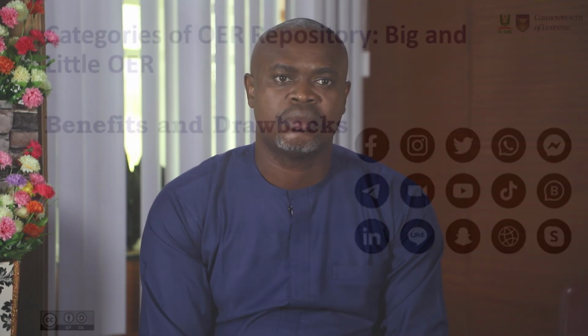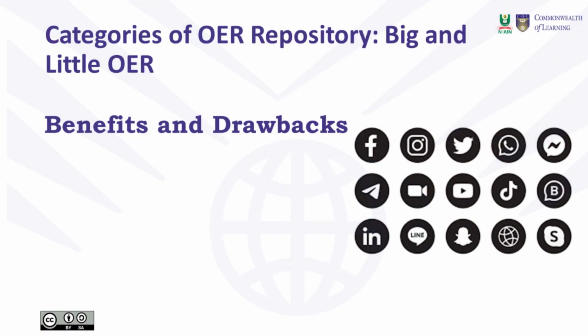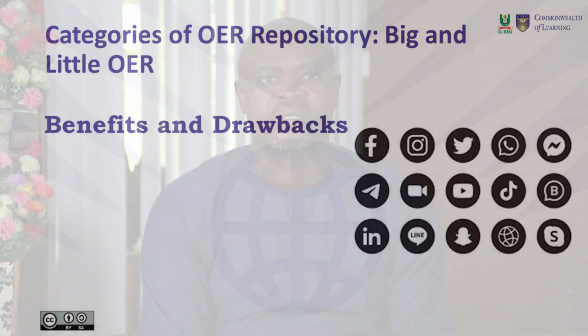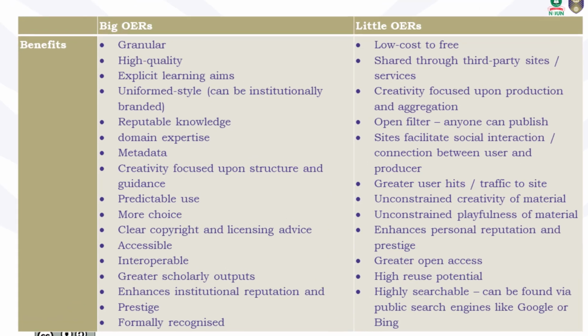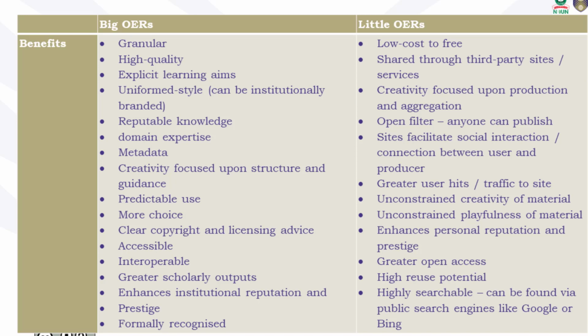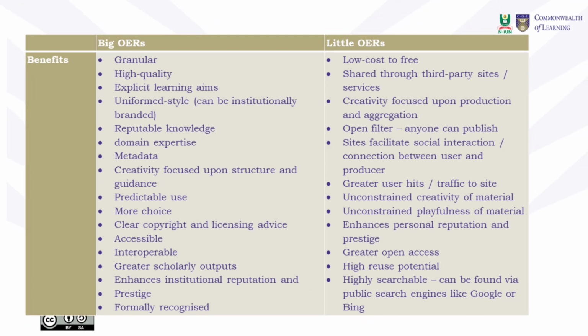Benefits and drawbacks. Both the big OER and little OER have their pros and cons. As you can see on your screen, the benefits of big OER are high quality, explicit learning aims, reputable knowledge, domain expertise, metadata, creative focus upon structure and guidance, more choice, clear copyright and license advantage, accessibility, and so on.